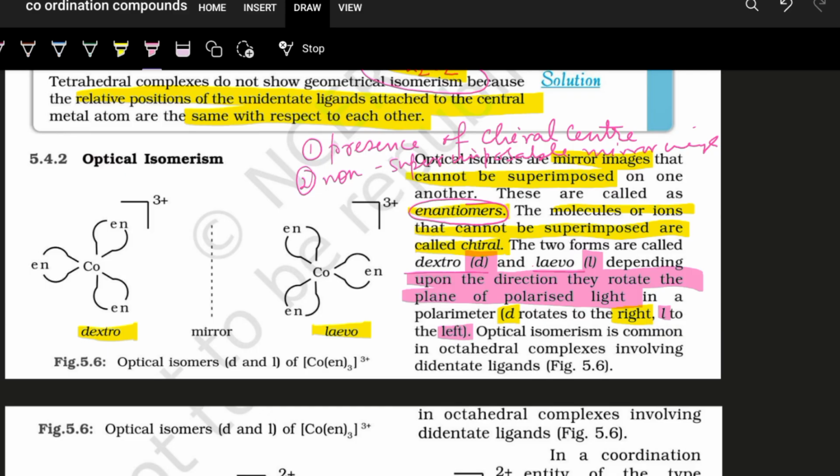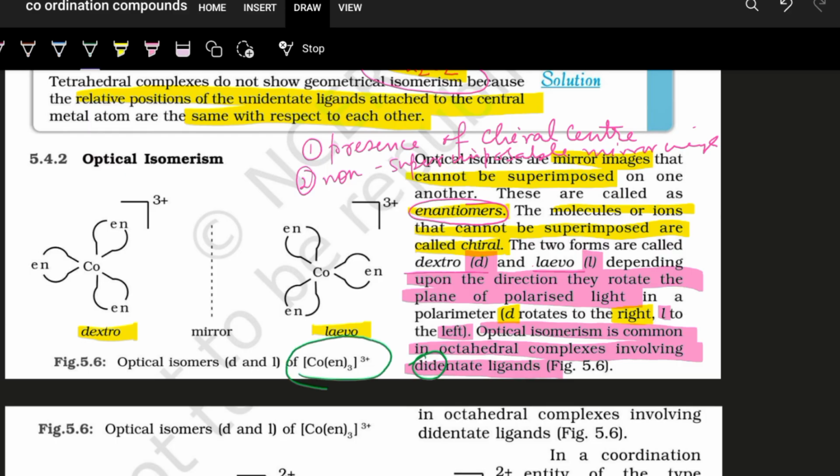Now, optical isomerism is common in octahedral complexes involving didentate ligands. Didentate means denticity is 2.